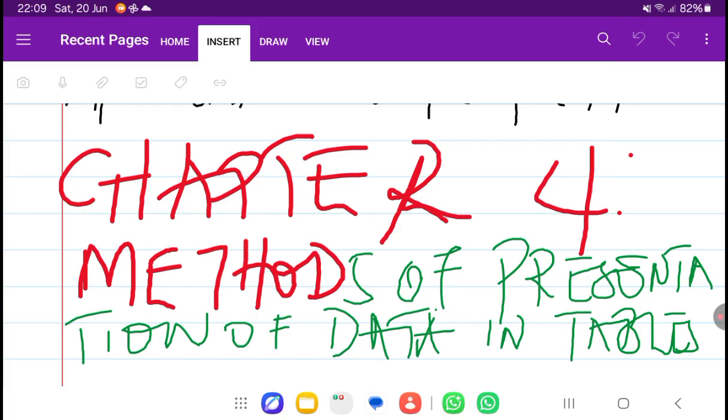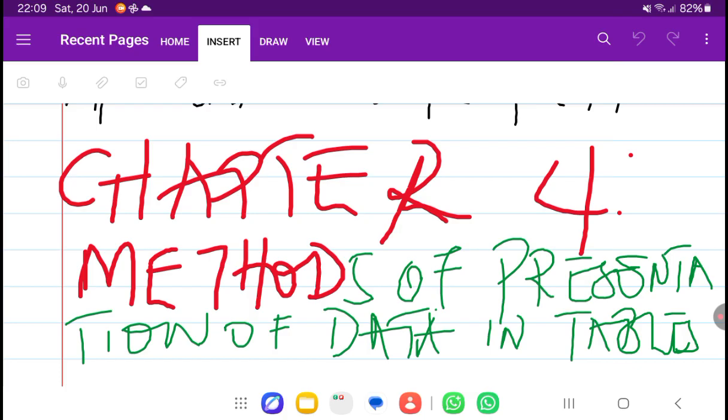So we all know that statisticians are supposed to organize, explore, and then summarize data for easy interpretation. And this chapter shows how data can be presented in a tabular form for various purposes.